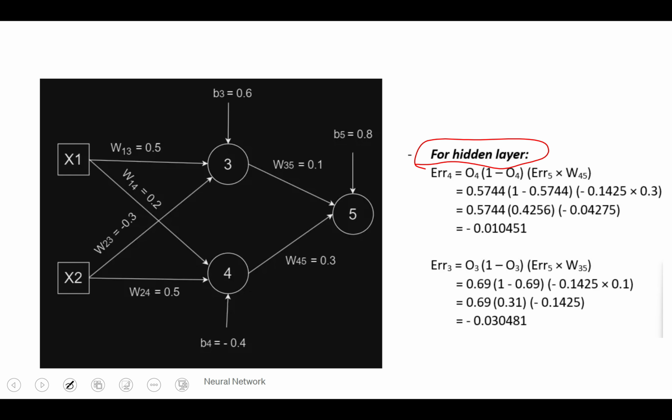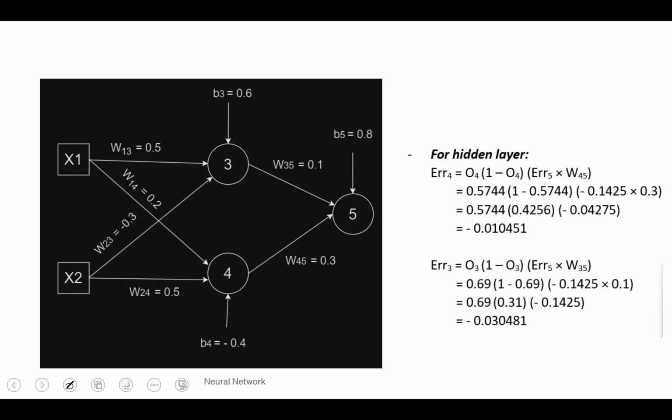If we are evaluating the error on neuron 4, it is the output at this neuron, O4, multiplied by 1 minus O4, multiplied by the error which we evaluated in the previous slide, error 5, and multiplied by the weight, W of 4,5. Alright, this you need to remember and then your error will be evaluated.